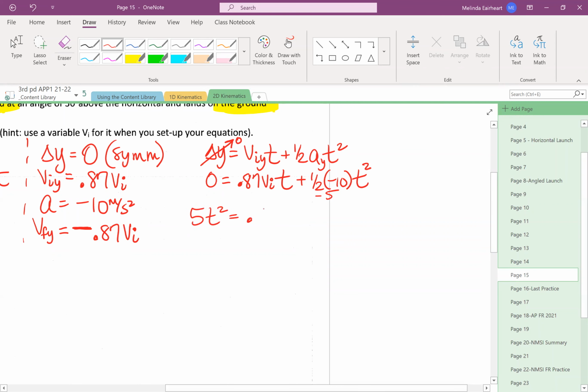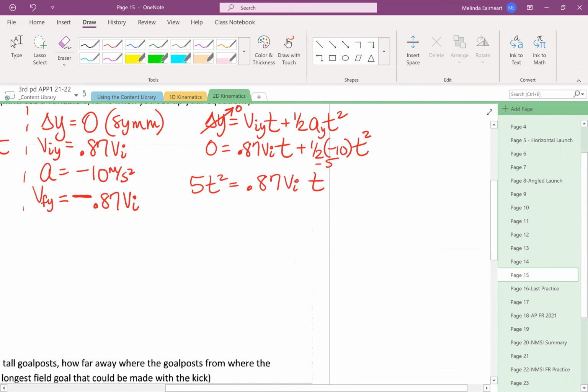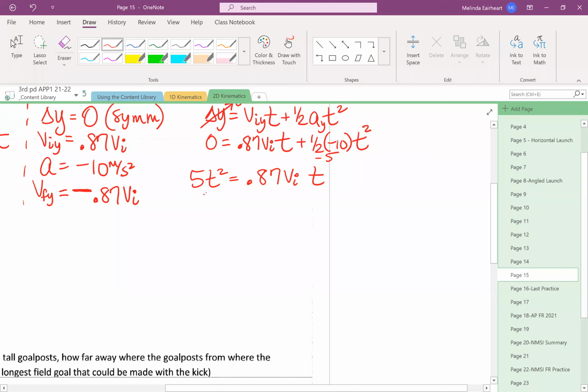So this is repeat what we did last week. No quadratic, because remember, delta Y zeroed out. You can divide both sides by t. And so at this point, we have 5t equals 0.87 times VI. Still two unknowns.